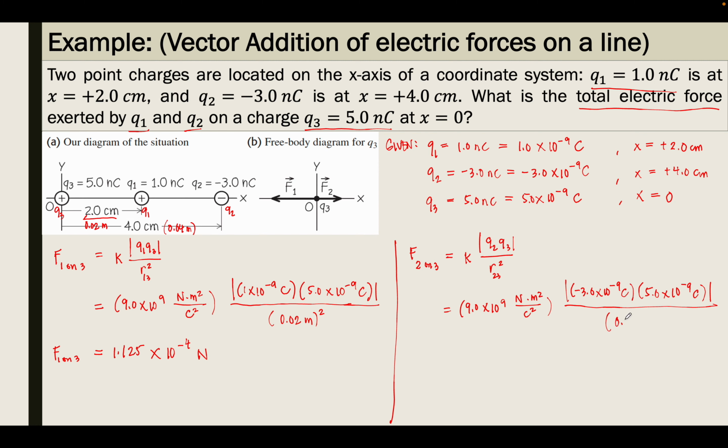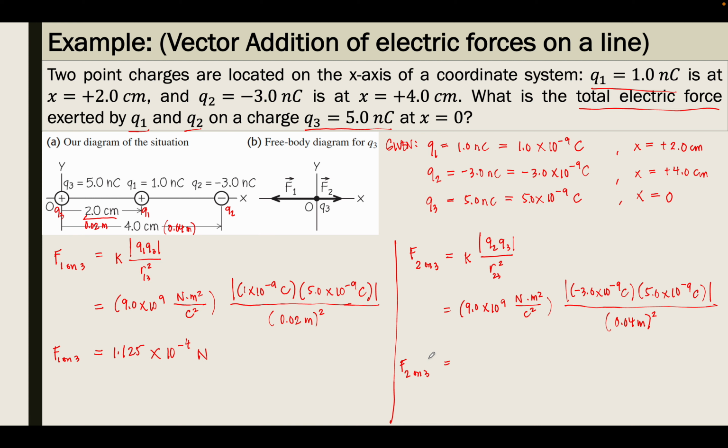or 0.04 meter, quantity squared. So the force that Q2 exerts on Q3, let's calculate this one. We have 9 times 10 to the power of positive 9 times negative 3 times 10 to the power of negative 9 times 5 times 10 to the power of negative 9 divided by 0.04 quantity squared.